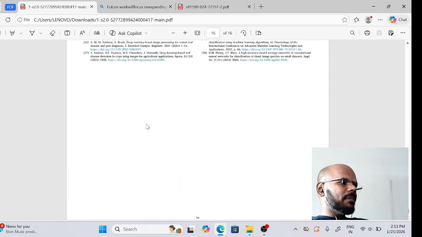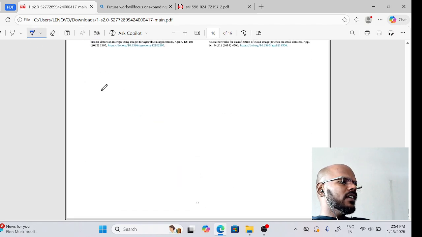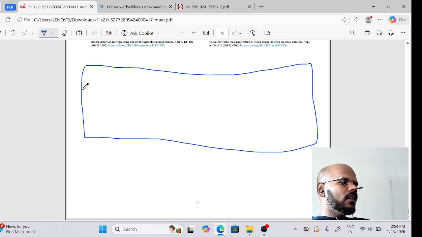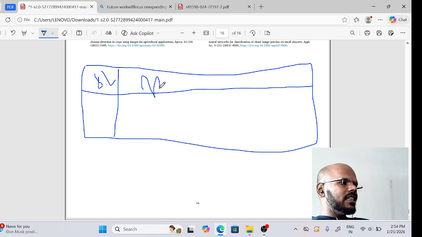After reading n number of papers, you make a table like this. I am just giving an example; don't think about it as professional. The first column is the serial number. The second is the methodology. Next is future implementation or limitations.